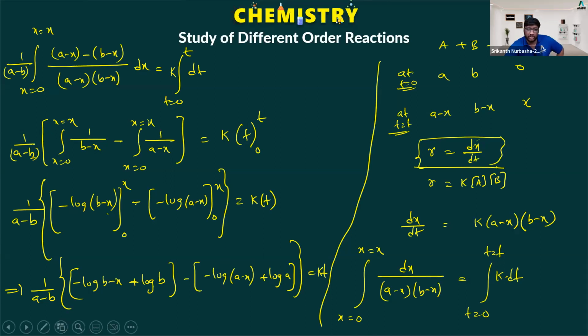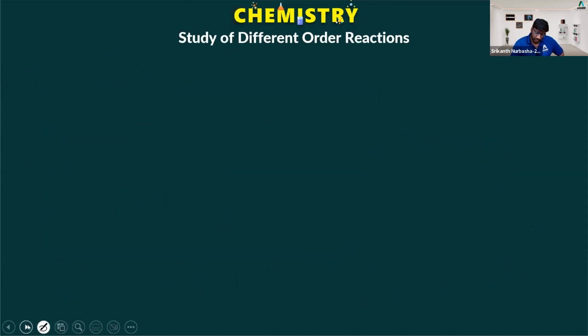Okay, so this is the complex equation you will get. Ultimately, you have the equation like this. So we can just add one more slide here. Just a second. Yes, ultimately what equation will you get?